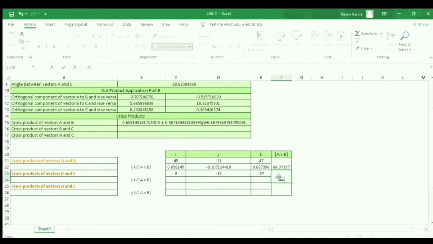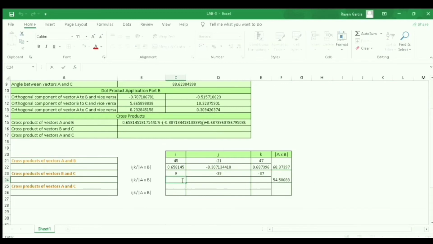To get this, we have the formula equals ABS parenthesis square root parenthesis C23 close parenthesis raised to 2 plus parenthesis D23 close parenthesis raised to 2 plus parenthesis E23 raised to 2 close parenthesis, and we have the value of 54.51 for its magnitude.